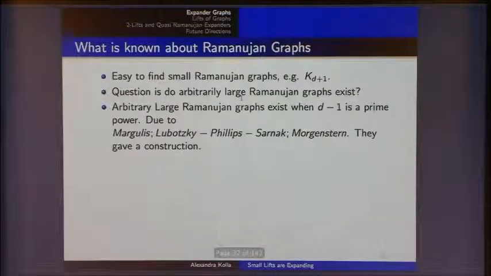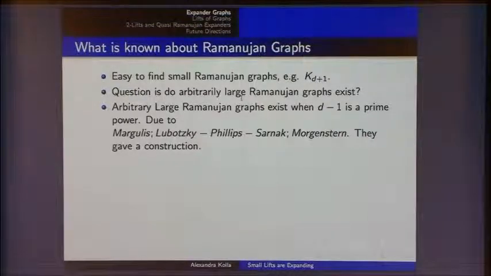This question was answered. The answer is yes. First Margulis, Lubotsky, Phillips, and Sarnak, and then Morgenstern, with an extension of their theorem, constructed such graphs for all n. The caveat here is that the degrees for which such graphs were known to exist so far was d when d minus 1 is a prime number.